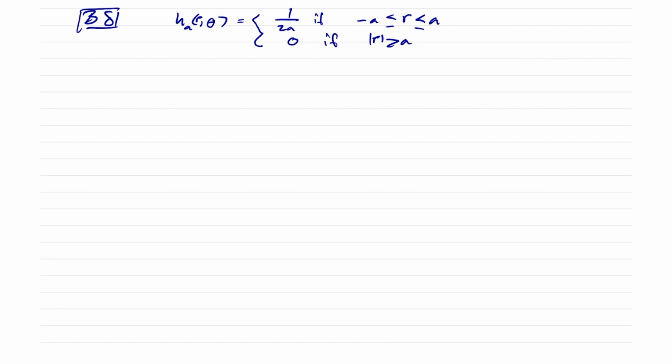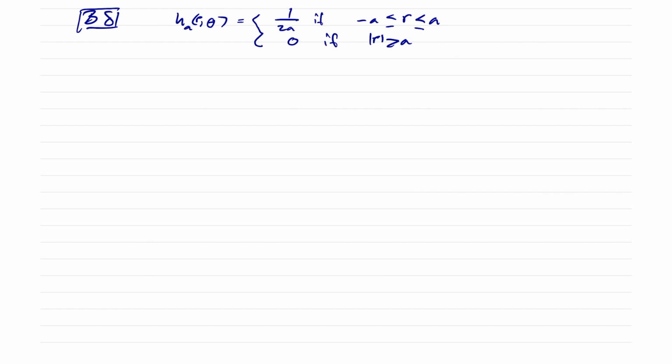Anyway, so basically this is again a square wave. We're keeping it constant with respect to theta because when we're doing convolution with the polar coordinates, like we said earlier, we're really thinking of this just as a convolution only with respect to r.